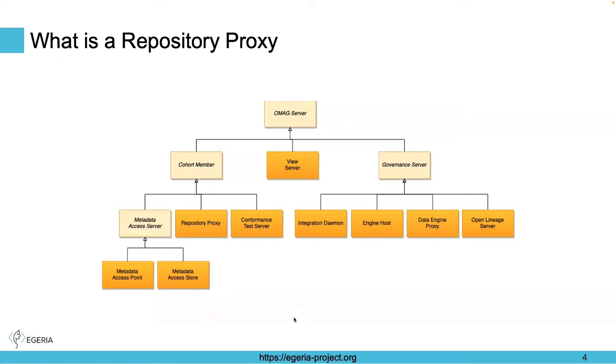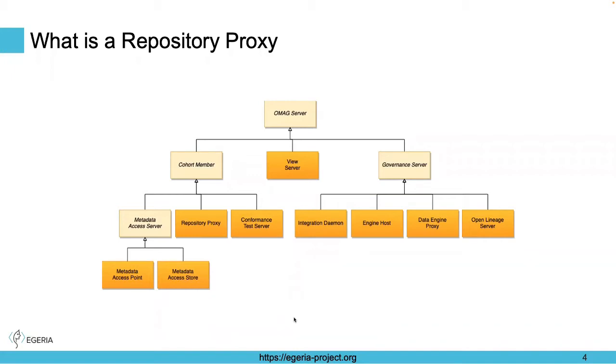And a repository proxy, you can see in this hierarchical representation, is under cohort member. If you are familiar with the concept of a cohort, this means it is already clear that this software capability will play a role in metadata sharing. Since it's a cohort member, it helps us to share or exchange metadata.